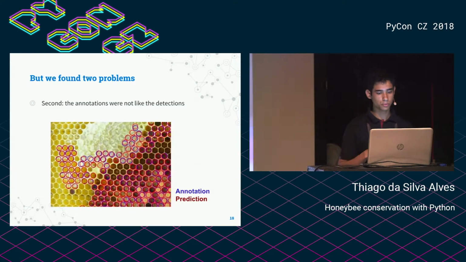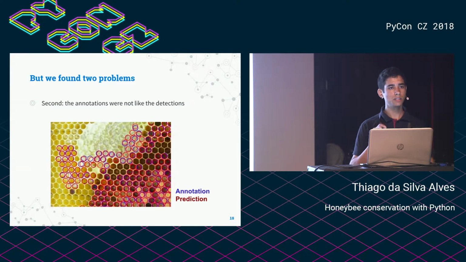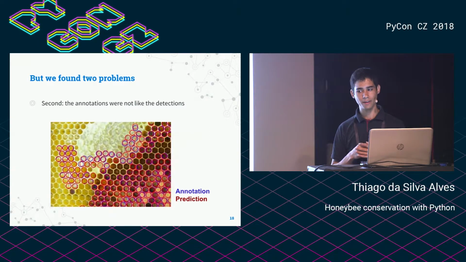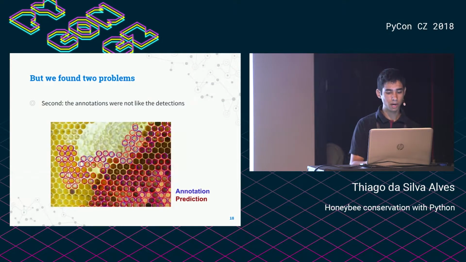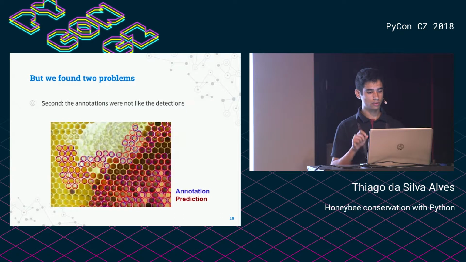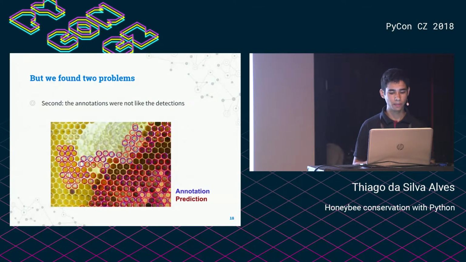Another problem that we had was that the annotations made by the human, the beekeeper, were more perfect than the detections. So they were slightly different in different parts of the image. For example, here where it's difficult to see where the cell is, the detections usually differ from the annotations made by the human.